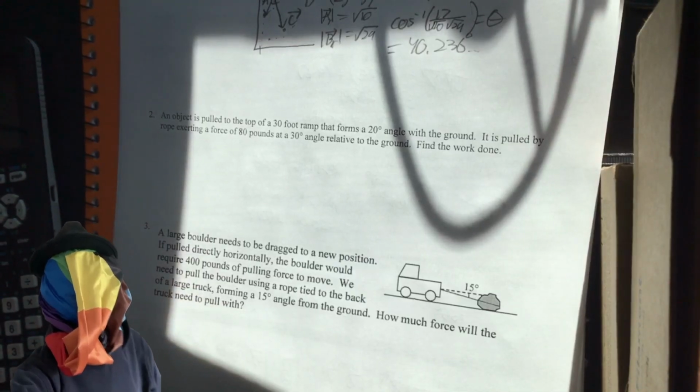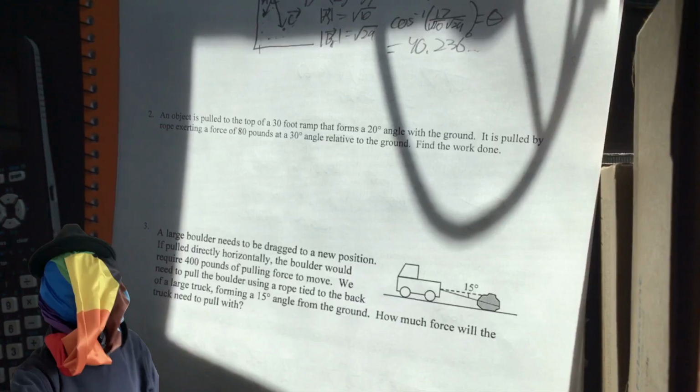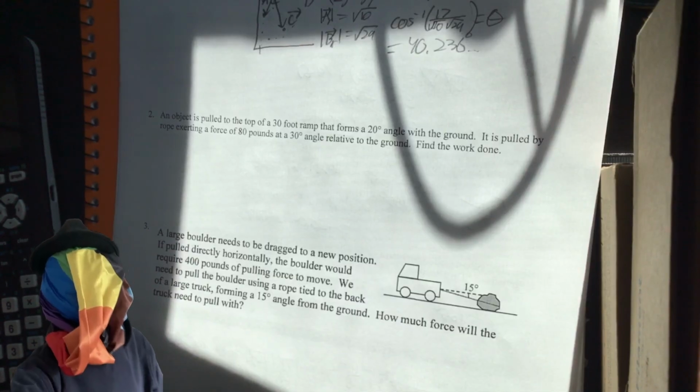So we could just multiply the vectors together. So just take the dot product.